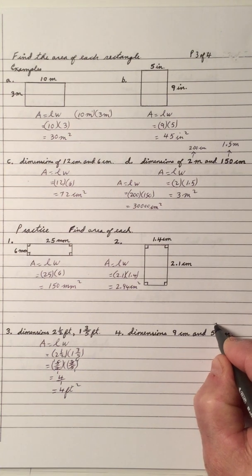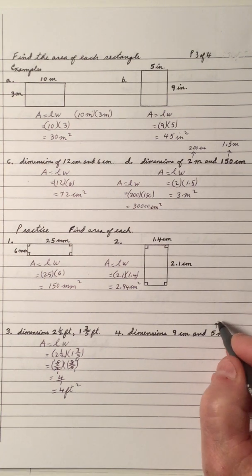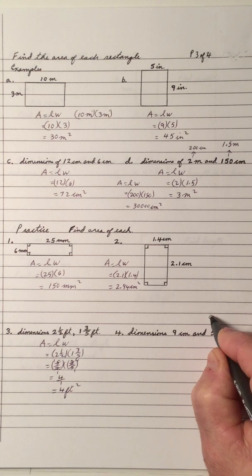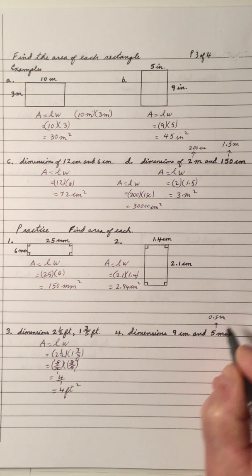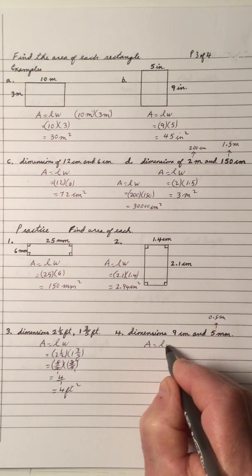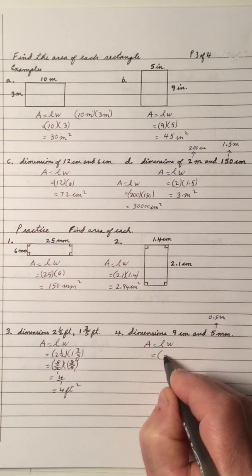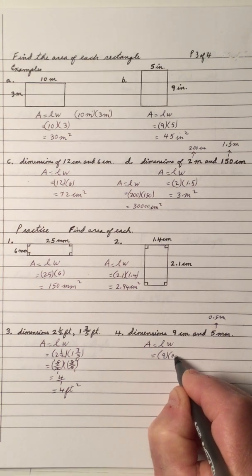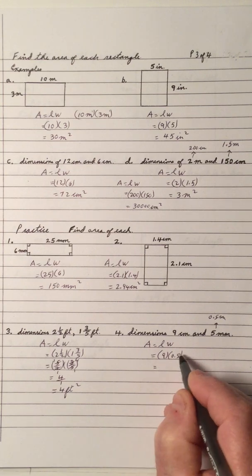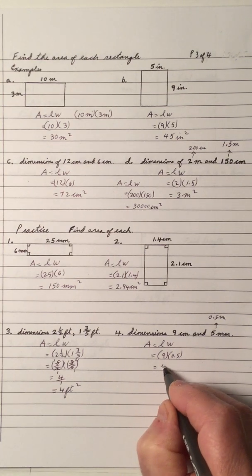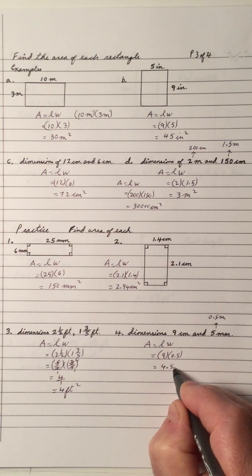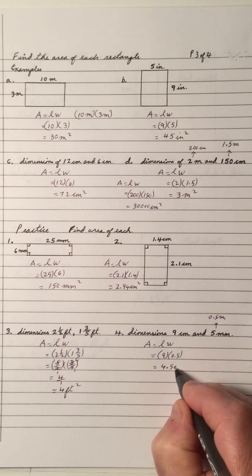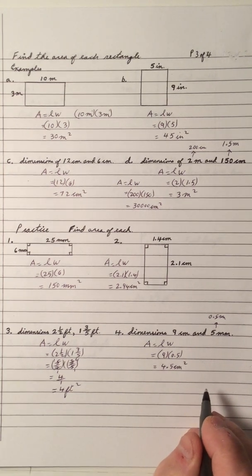But 5 millimeters works out to be 0.5 centimeters. So the area is length times width. The length is 9. The width is 0.5. And 0.5 is the same as a half. So it's 4.5 when you multiply, and we converted to centimeters, so it's centimeters squared.